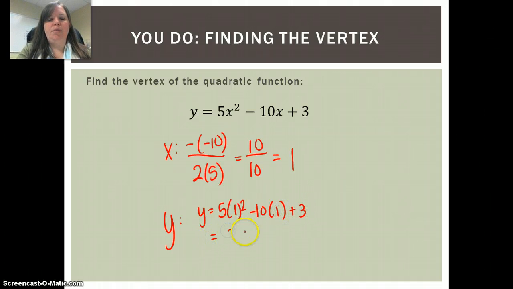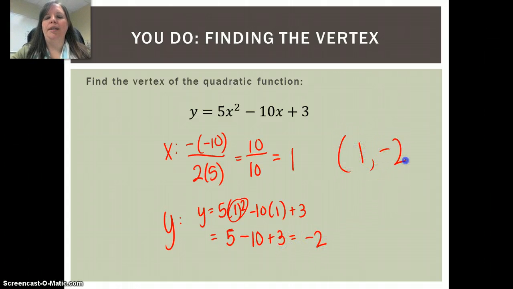Remember, do the exponent first for PEMDAS here. So 1 squared is 1, 5 times 1 minus 10 times 1 plus 3 would be negative 2. So your vertex here would be (1, negative 2).